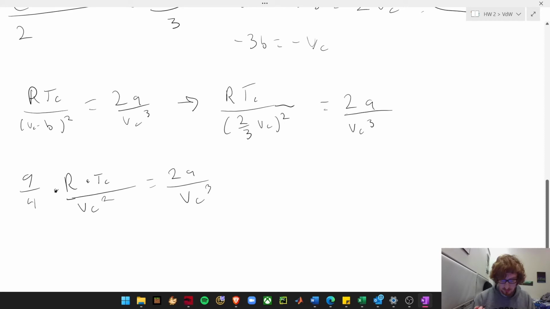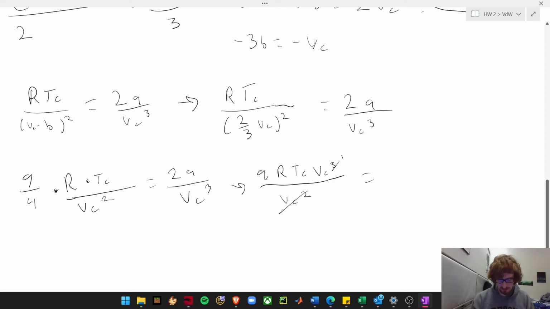And then again, multiply through. We're going to multiply each side by the critical volume cubed. We'll end up with 9R times critical temperature times our critical volume cubed over our critical volume squared. And then you can see that these exponents will cancel out, so we're going to end up with an exponent of 1.